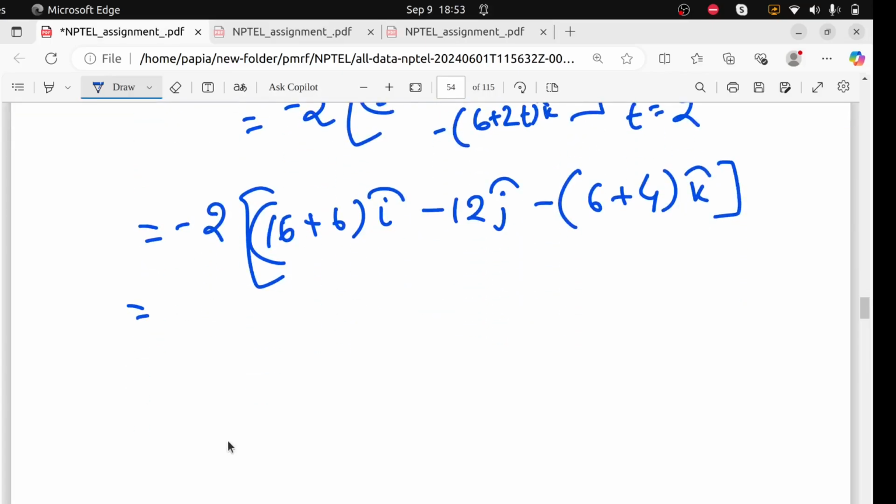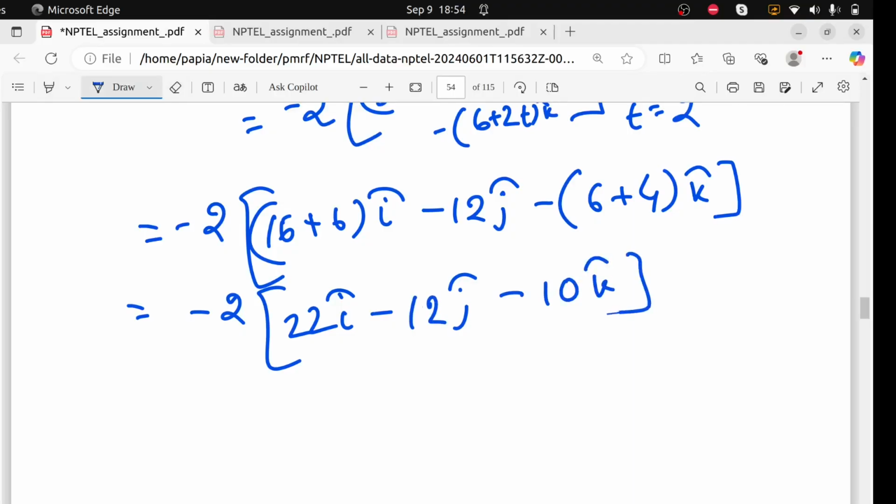So it will be 22 i cap, 12, minus 10 k cap.